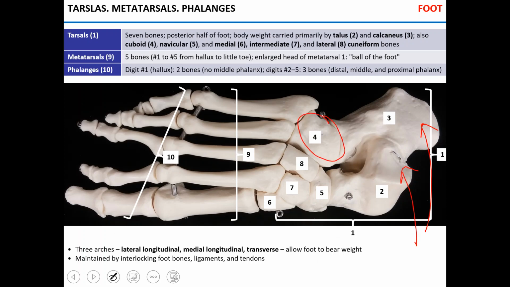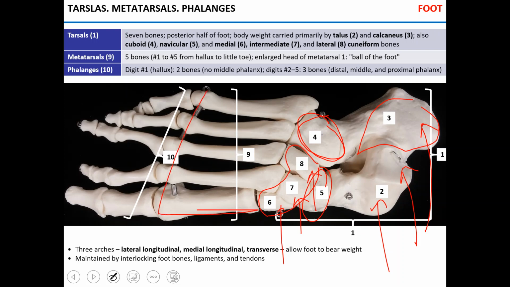This is the cuboid. A way to remember it: calcaneus starts with C, cuboid starts with C. Now the talus articulates with the navicular bone, and the navicular bone articulates with three cuneiforms: medial cuneiform, intermediate, and lateral cuneiform bones. Those are the tarsal bones.